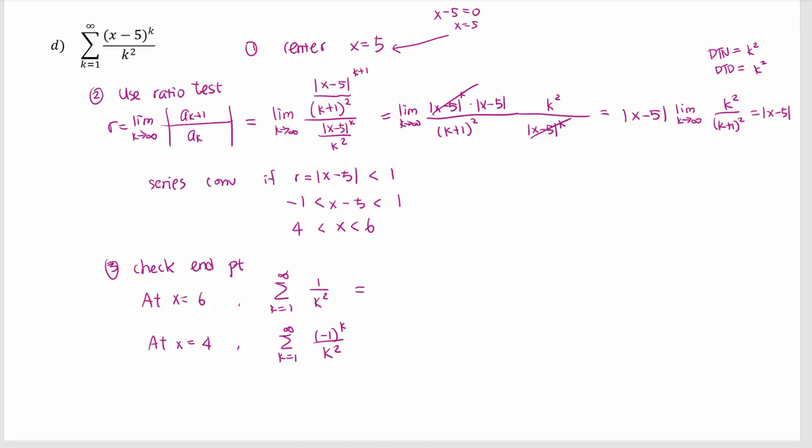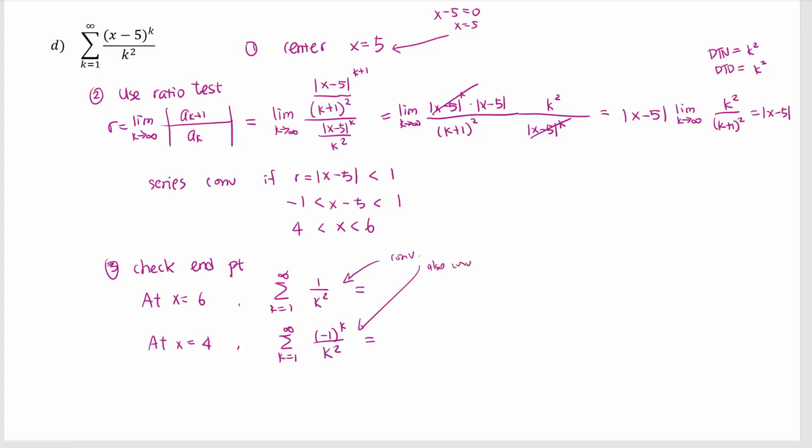Okay? So, you realize when you plug in the endpoints, one of the series is like the alternating series of the other one. You just have one of the series with an extra factor of minus 1 to the k. That's always the case. That's why it's good to figure out the series of the positive terms, because if this converges, then the alternating series also converges.